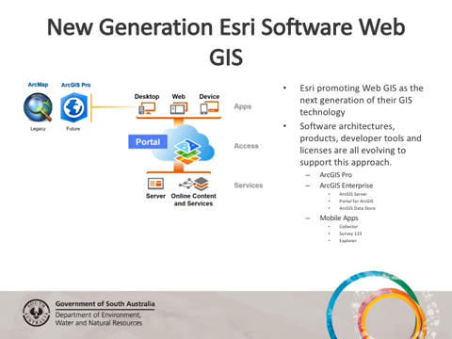Portal is where you can put up web applications and web maps and share information more readily. The new model is about publishing information and having users with different access, using the information either as just a viewer, or you can publish the information or edit it. There are different permissions across the new model.